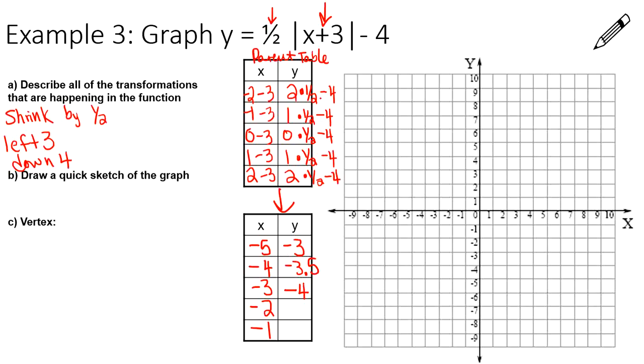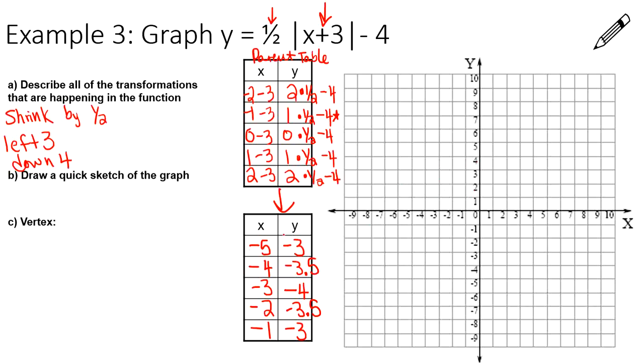And then look what always happens because our graph is symmetric. 1 times 1/2 is the same thing that I did up here, so it's going to be -3.5 again. And then 2 times 1/2 is 1, minus 4 is a -3.